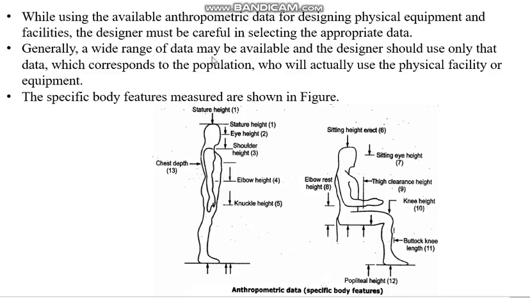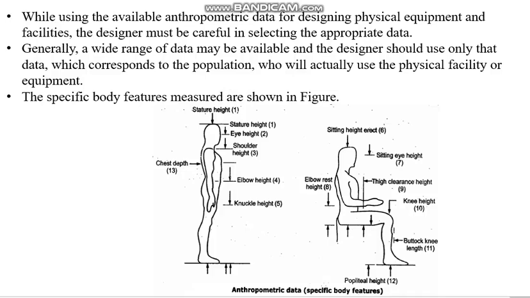You see, generally, a wide range of data may be available, and the designer should use only that data which corresponds to the population. So what I am saying is, if you are designing to send to Nigeria, you have to consider the population of Nigeria, their anthropometric measurements, their anthropometric data, and then you should design.